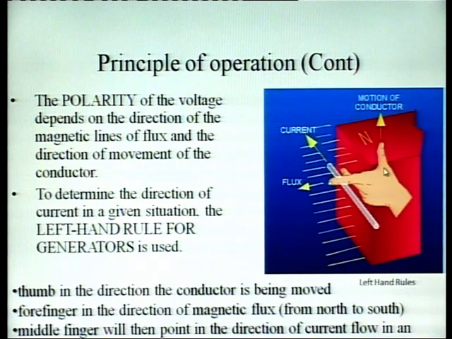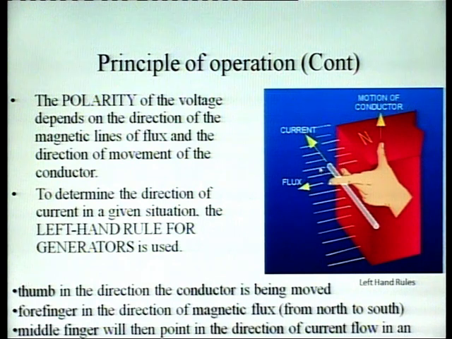In the left hand rule, we stretch the left hand and the thumb indicates the motion of the conductor. The first finger indicates the flux, then the middle finger indicates the direction of current.